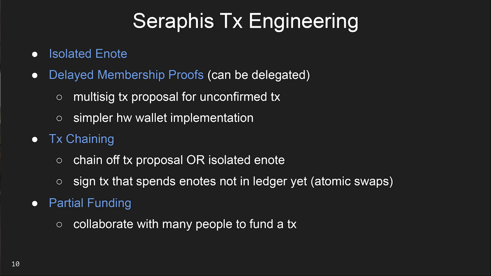But in the case of multisig, it greatly simplifies the amount of communication required and reduces timing analysis of when a transaction is constructed, because with multisig, you often build a transaction a long time before you actually submit it.